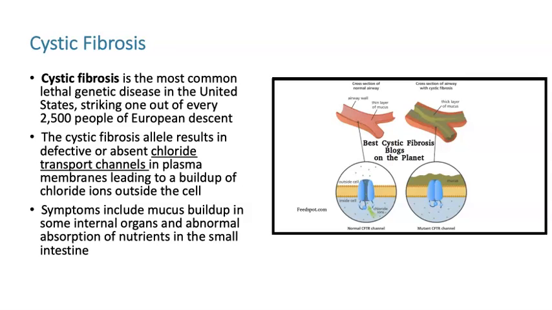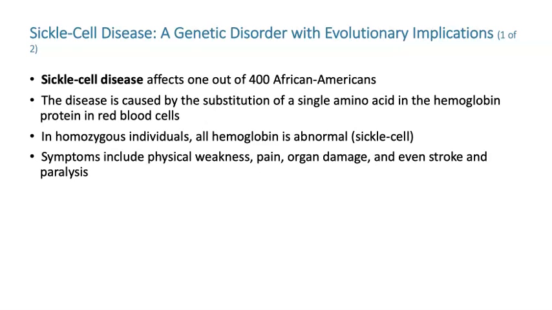That's why earlier, when I talked to you about their skin being salty, it's the chloride outside of the cells that you're tasting on the skin. Some major symptoms besides the ones already listed include mucus building up in the internal organs and not being able to absorb nutrients very well in the small intestines. And we figured this out through pedigree analysis.